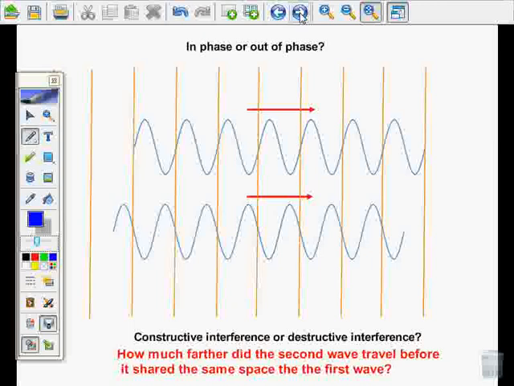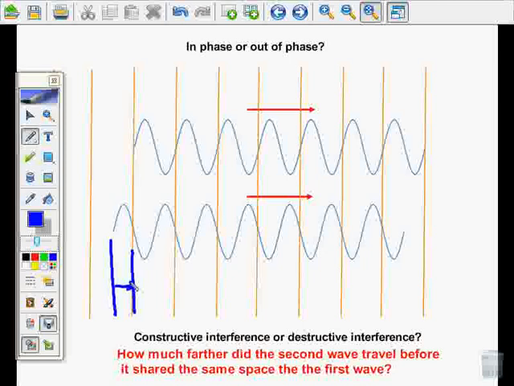Take a look at this. So I just shifted that lower wave to the left. So now it's going to have to travel from here to here, this extra distance, before it catches up with the other wave.